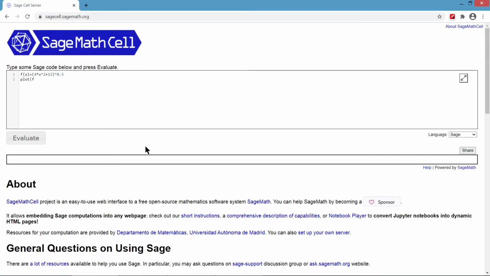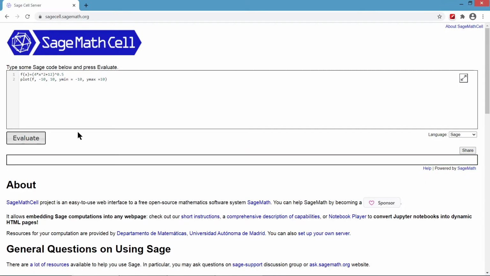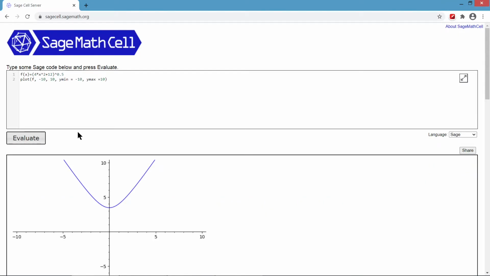We'll plot f and we'll give x range from -10 to 10 and y min from -10 to y max equal to 10. Now this is the graph of the equation.